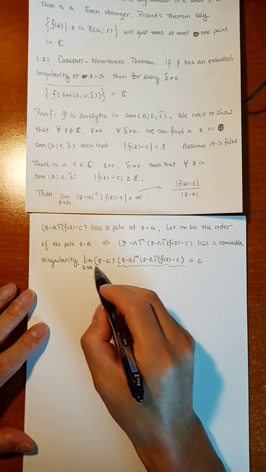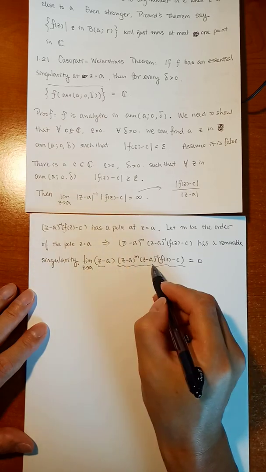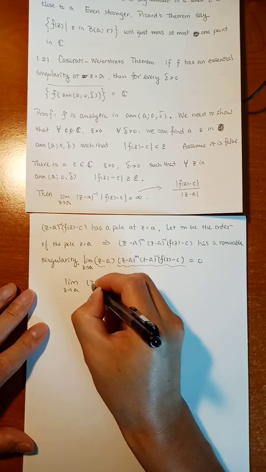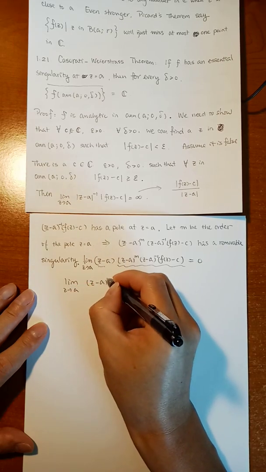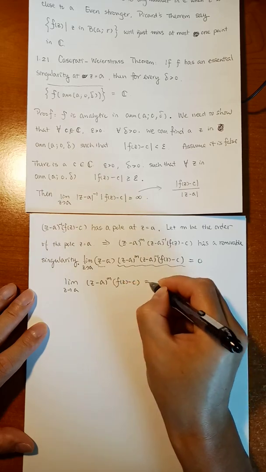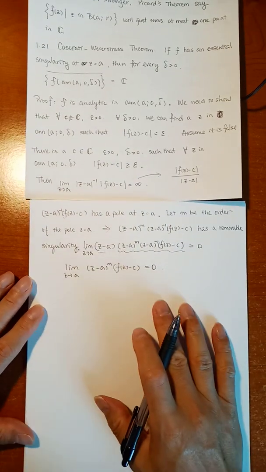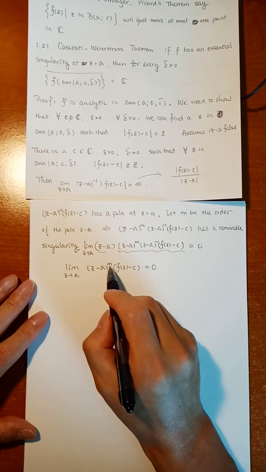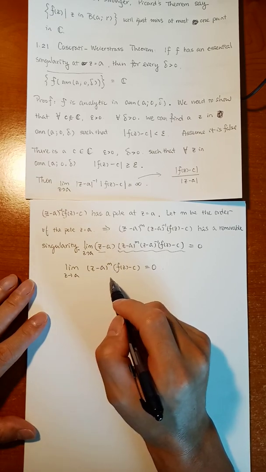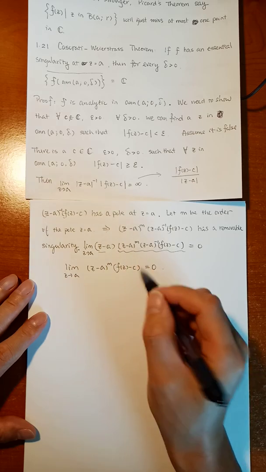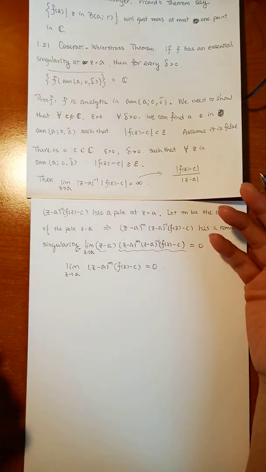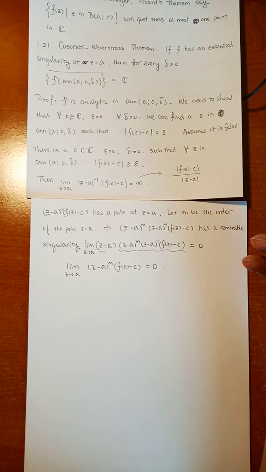We actually have, you cancel this, we actually have the limit as z approaches a of (z - a)^m (f(z) - c) is going to be 0. It's not necessary to have m plus 1's power. Just m's power is enough. But of course, you put additional power, higher power, you automatically have 0, right?